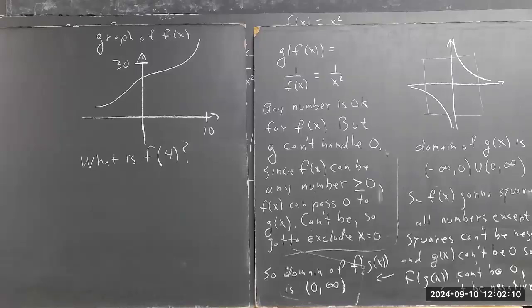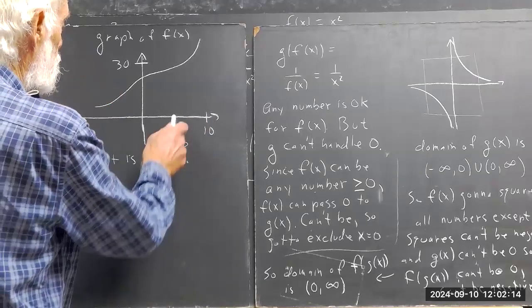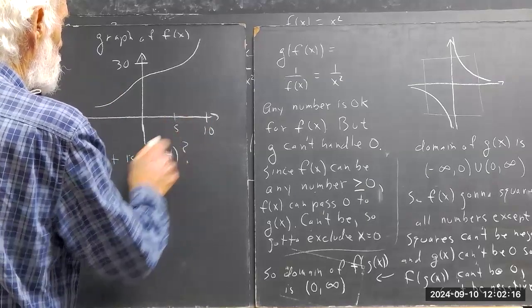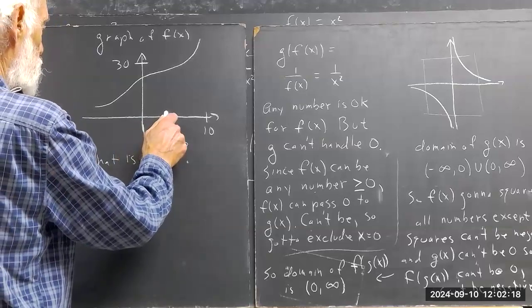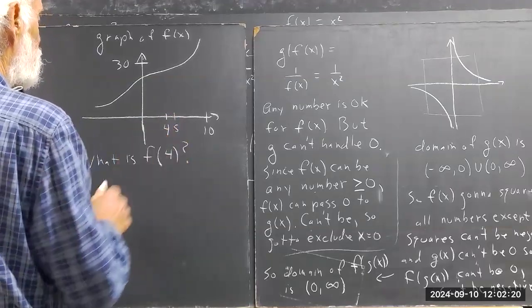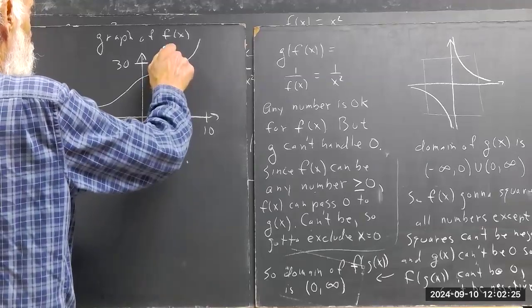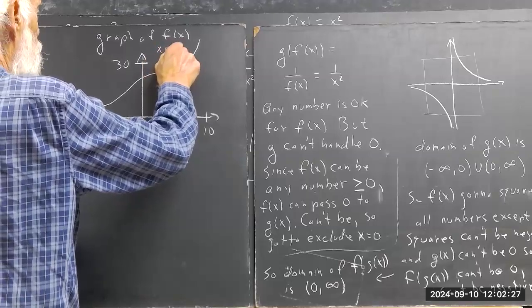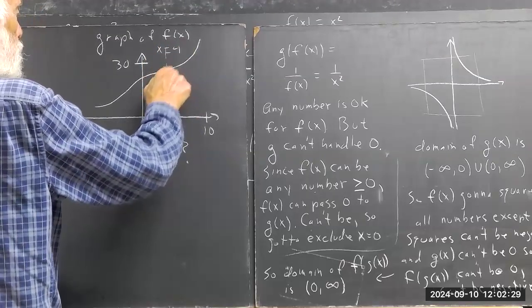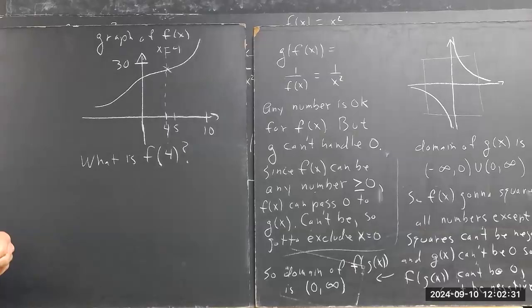You did pretty well with that. First of all, you have to figure out where 4 is. If 10 is here, halfway, 5, would be about here. 0 is here, so I guess 4 is maybe about here. Then we simply draw the line x equals 4 and see where it hits the graph.